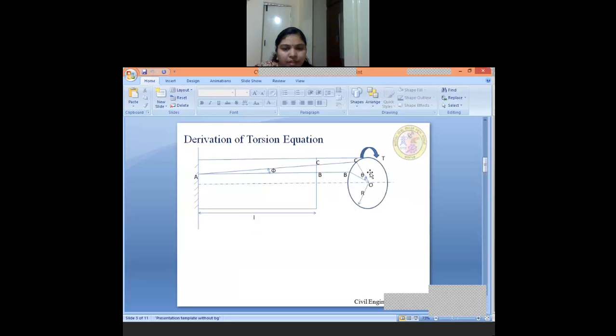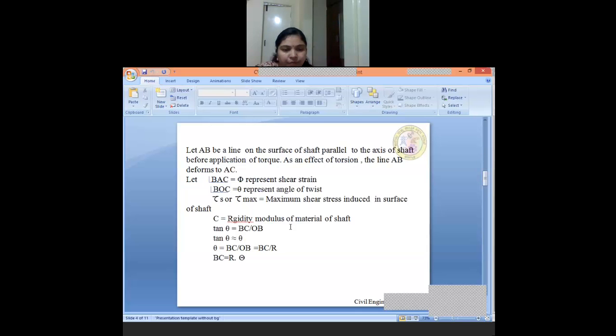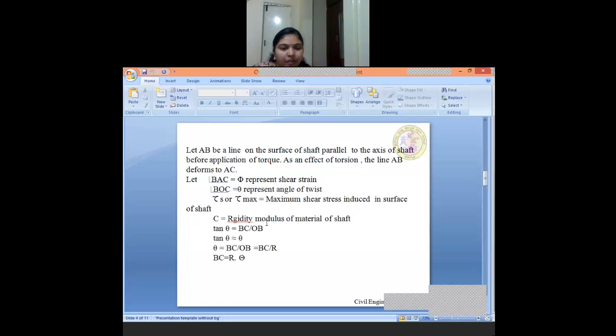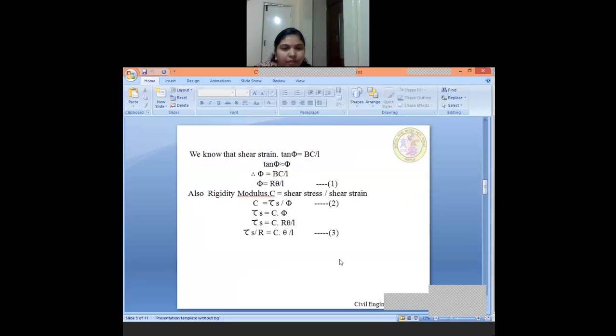Tan theta is BC by OB. Since theta is very small, tan theta is approximately equal to theta. So theta is BC by OB. What is OB? OB is nothing but the radius R of the shaft. Then BC will be R into theta.